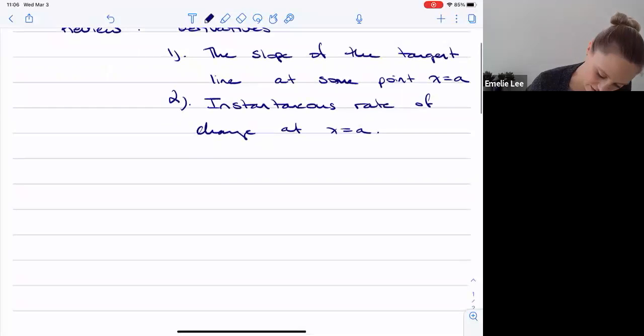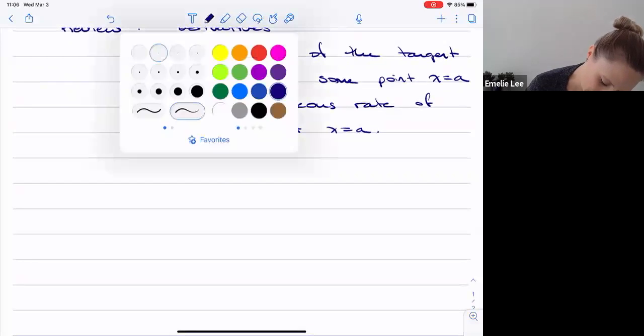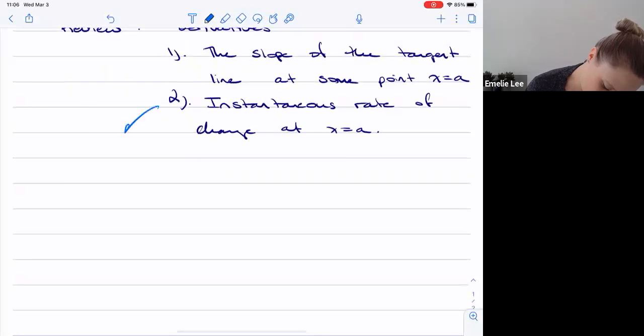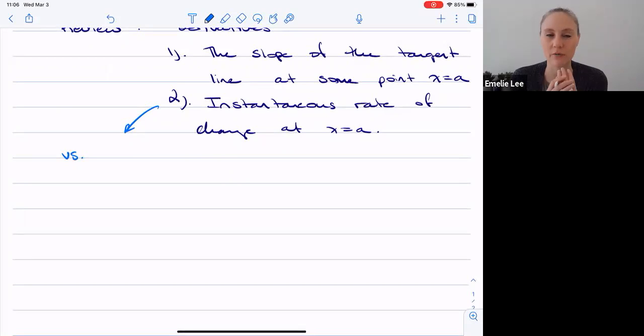Versus the average rate of change, which would be the slope of the secant line. The secant line is the line that connects two points on the curve, whereas the tangent line only touches the curve at one spot, x equals a.